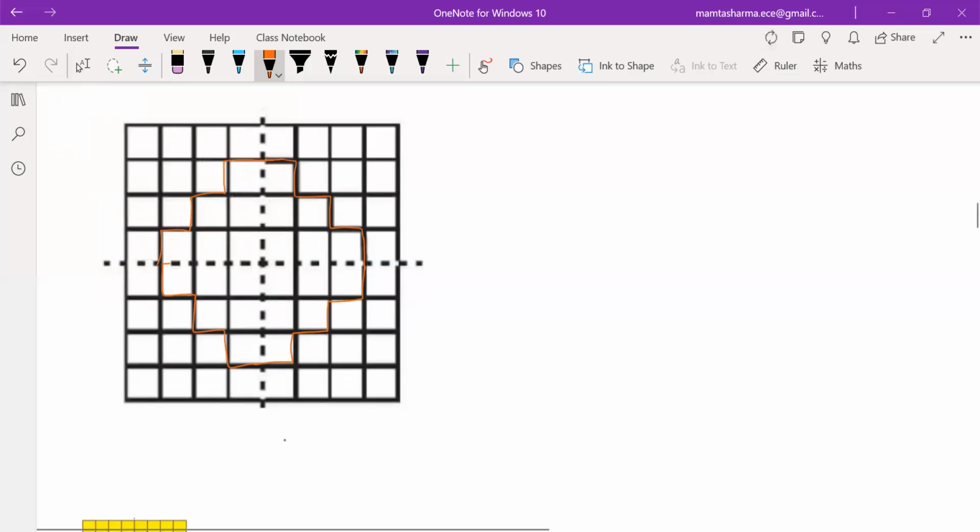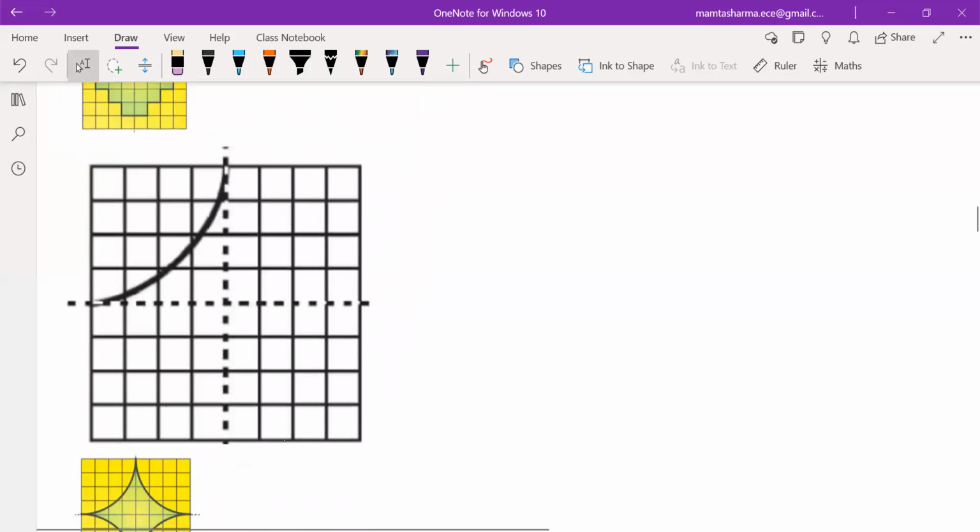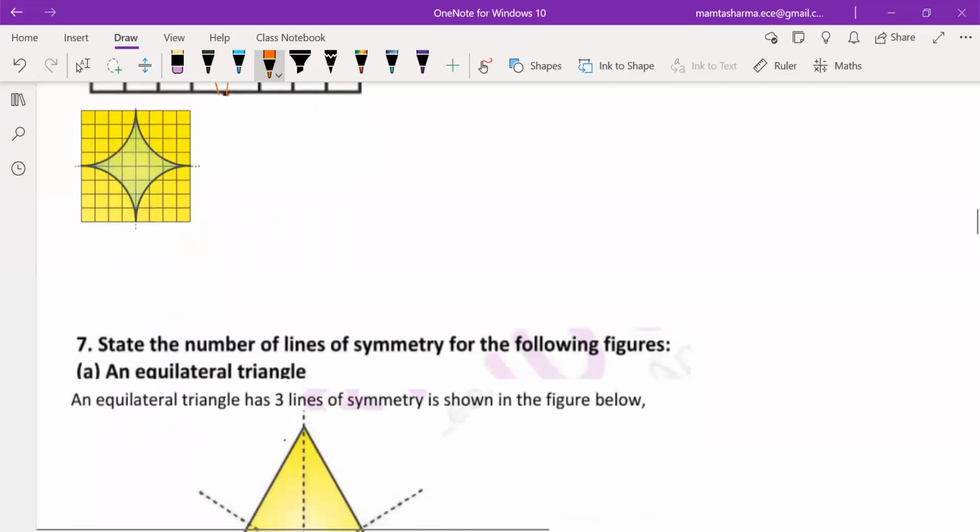Yes, ma'am. When you practice it, you will get the exact thing. Now this one, draw the symmetrical figure about these 2 axes. See, this is a little bit curved. So you draw exactly 4 shapes of the same given shape. In this way you can draw the full figure.